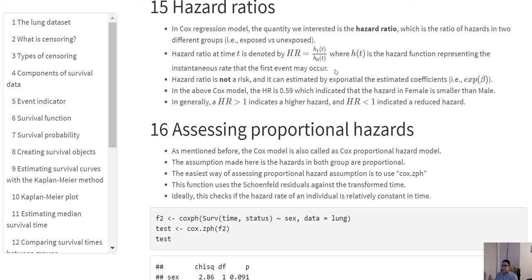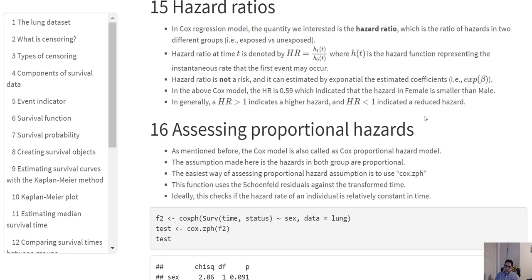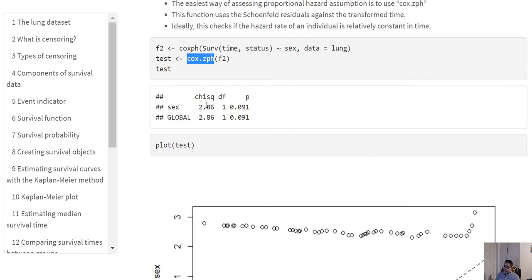Here we are talking about the hazard ratios and the hazard functions, and in the original lecture we also talked about the proportional hazards assumption, and the need for checking or assessing it. So in survival analysis, we can use this cox.zph function to check or assess the proportional hazards assumption.